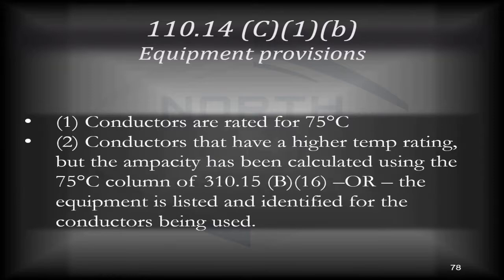The conductors are rated for 75 degrees Celsius. The conductors have a higher temperature rating, but the ampacity has been calculated using the 75 degrees Celsius column of 310.15(B)(16), or the equipment is listed and identified for the conductors being used.